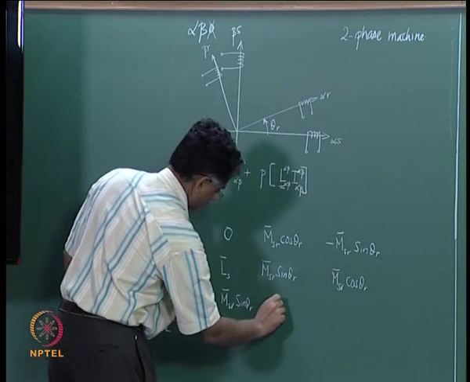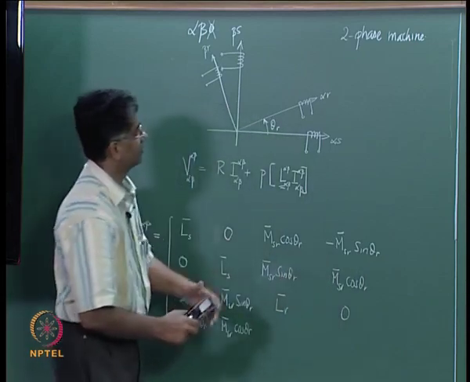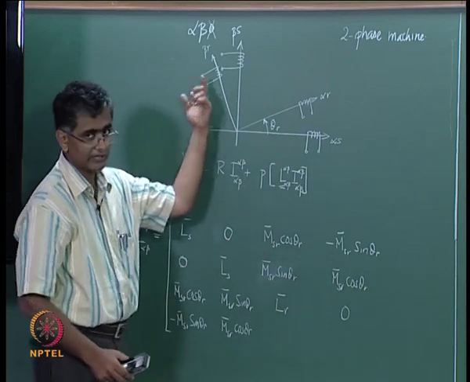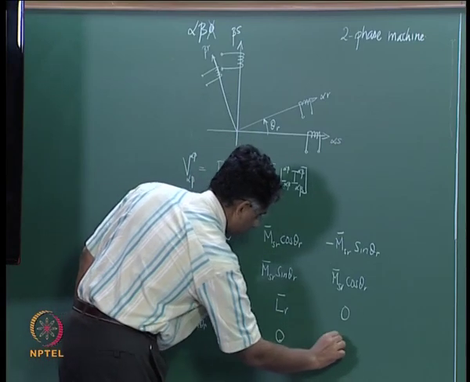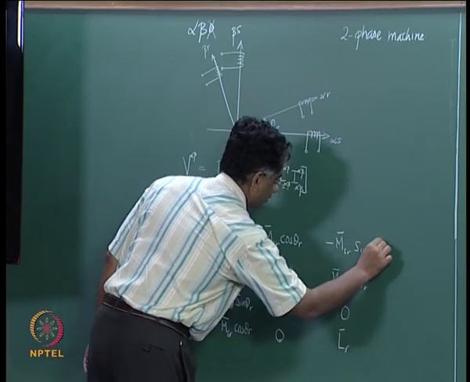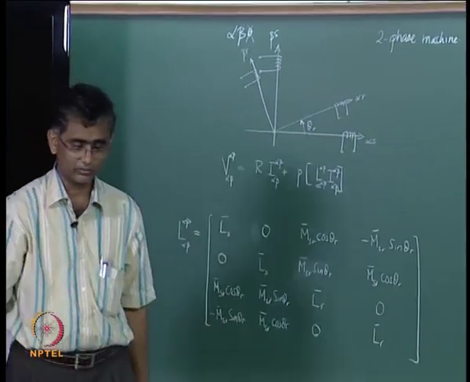Here you have the rotor inductance. There is no mutual inductance between the alpha r and beta r axis, because again they are at 90 degrees, and therefore there is 0 here and then Lr here. So this is the inductance matrix neglecting 0 sequence components.